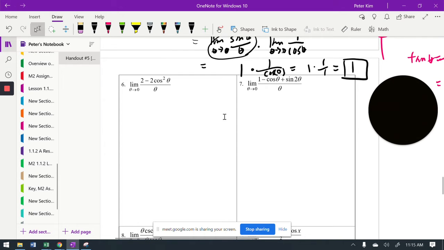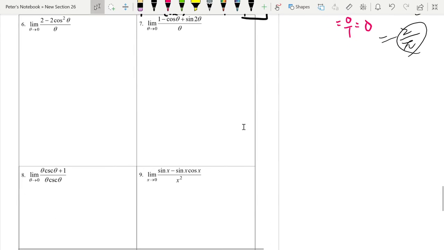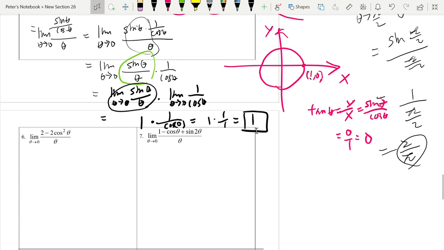So the limit of 2 minus 2 times cosine squared of theta over theta. How do you approach that problem? First of all, we need to do a direct substitution first. Then you'll see that it'll be 2 minus 2 times cosine of 0, squared, divided by 0. So what is cosine of 0?